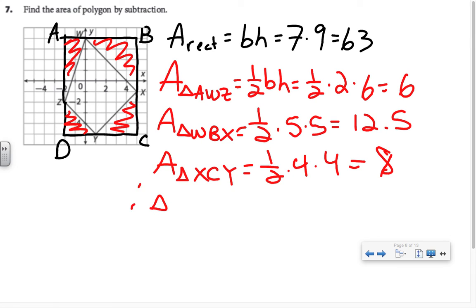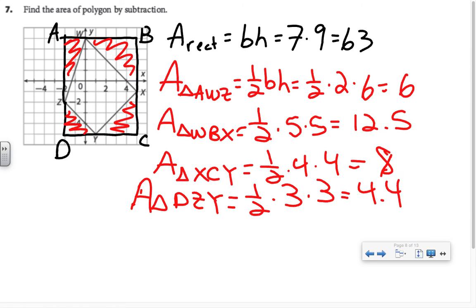Finally, area of triangle DZY is 1/2 base times height. The base of triangle DZY is segment DY, which is 3. The height of triangle DZY is the length of segment DZ, which is also 3. So that's 4.5.